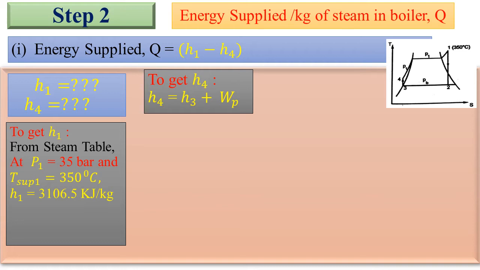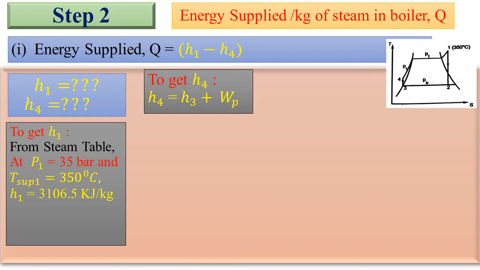From process 2 to 3 we get condensate. That condensate will enter the economizer through the pumping process, meaning this feed water, or condensate, will be pumped into the economizer for the steam generation process. So 3 to 4 is a pumping process.